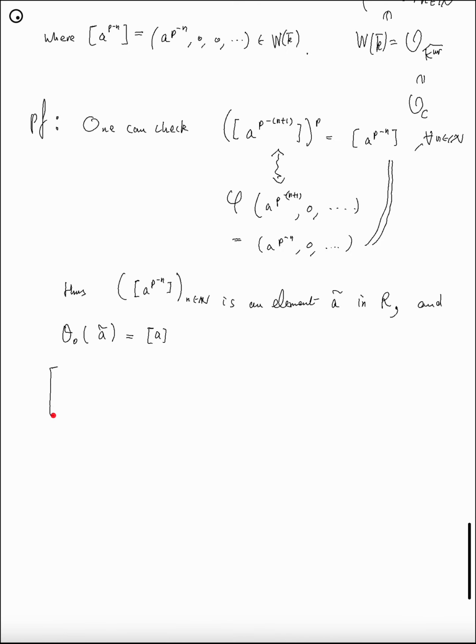So let me write it like this. We have theta 0 from R to K bar, and then we constructed a map from S, let's call it S. What we do is start with a here, then our map, we constructed a tilde here, right?